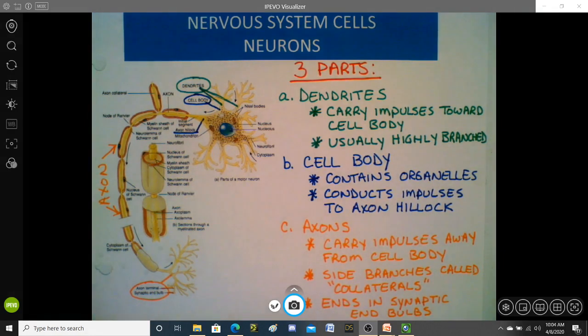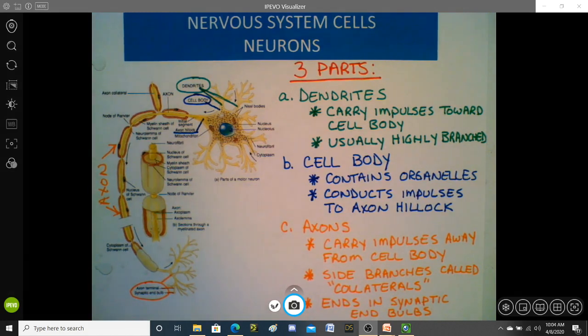All right. So there are two kind of categories of cells. We have neurons, and then we have these cells called glial cells or neuroglial cells. Neurons are the main workers. They're going to be the ones that are transferring those action potentials. And neurons build the highways that make our nerves.